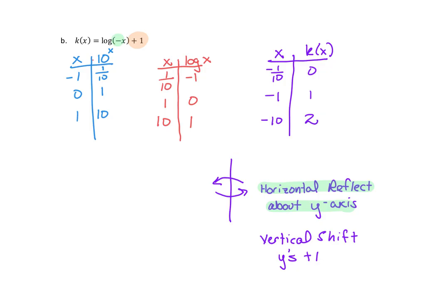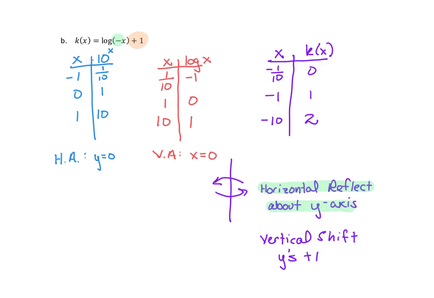All right, let's talk about our asymptotes again. Remember, for our basic exponential, we have a horizontal asymptote of y equals 0. When we convert this into a basic logarithm, we have a vertical asymptote of x equals 0.